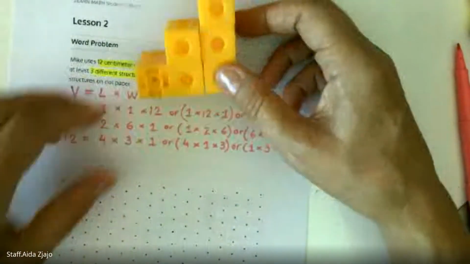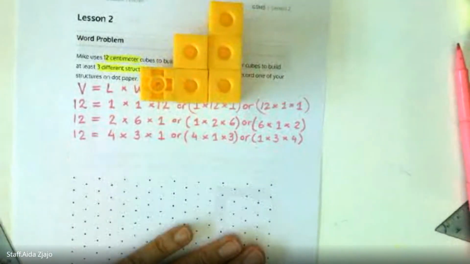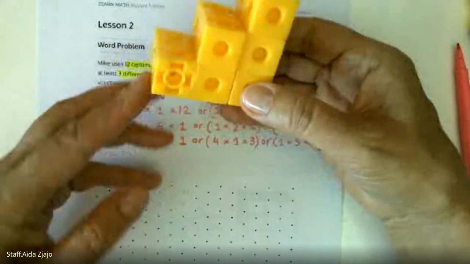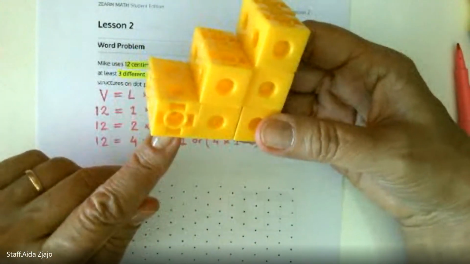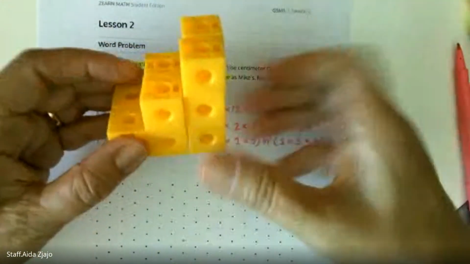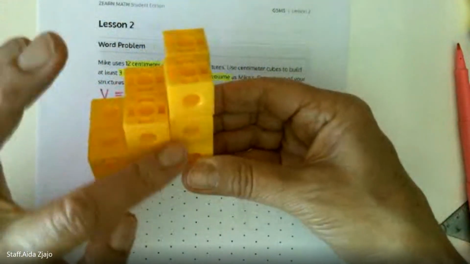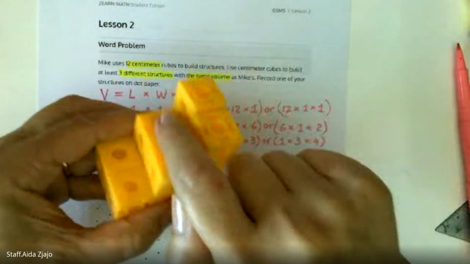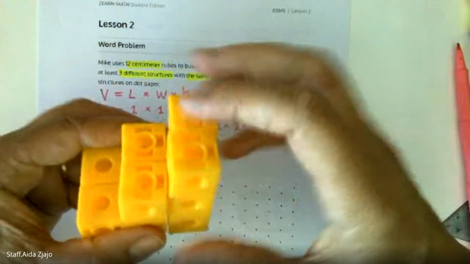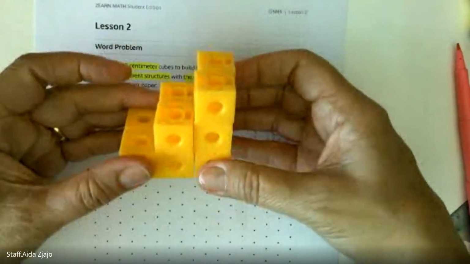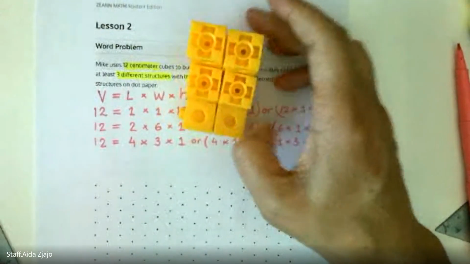And I create a figure that looks like stairs. So layer 1 is 2 by 3, which makes 6 cubes. Layer 2 is 2 by 2, 4 cubes. And layer 3 is the last one, and has only 2 by 1, 2 cubes. So again, 6 plus 4 plus 2 makes 12 cubic units.